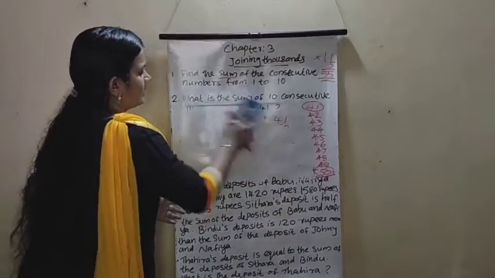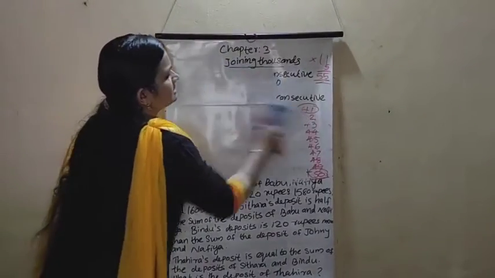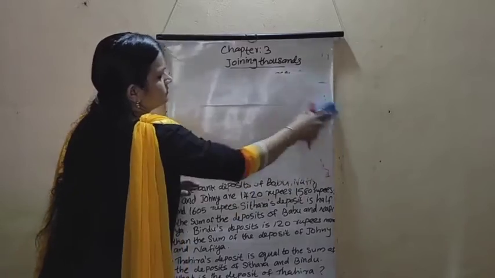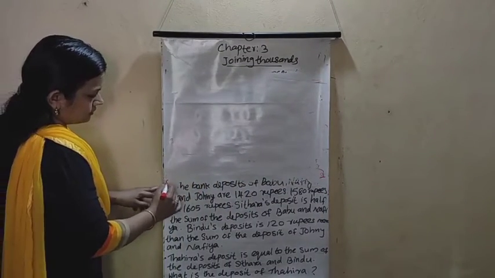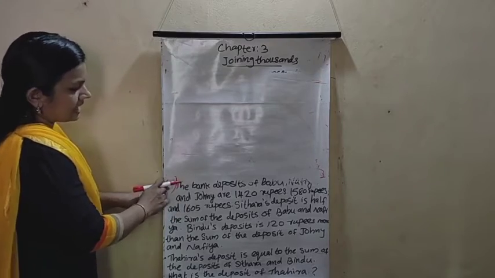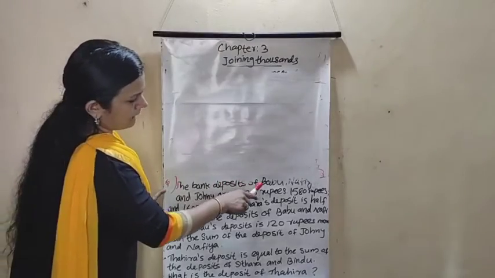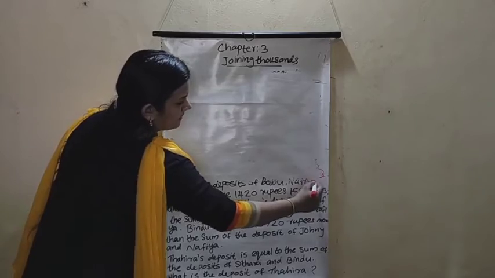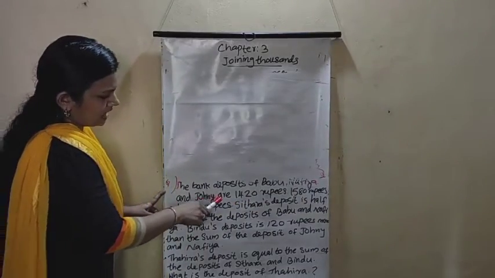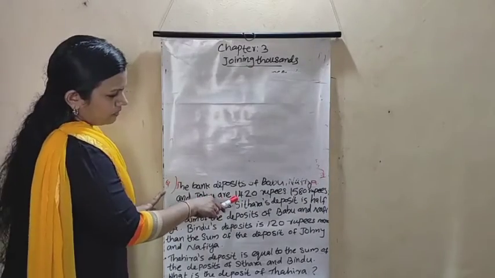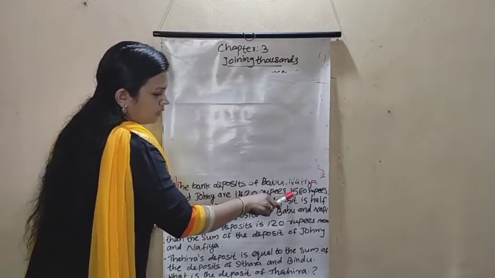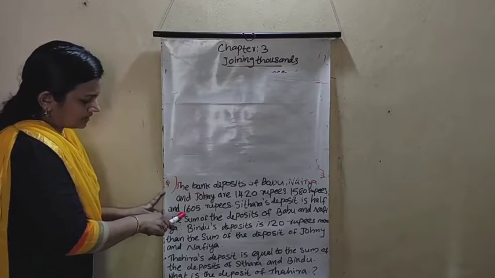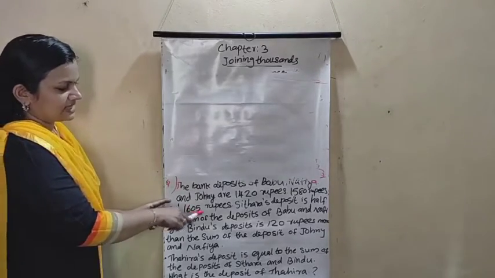Okay, then one word problem is given here. What is this word problem? The fifth question. The bank deposits of Babu, Nafia and Johnny are 1,420 rupees, 1,580 rupees and 1,605 rupees.